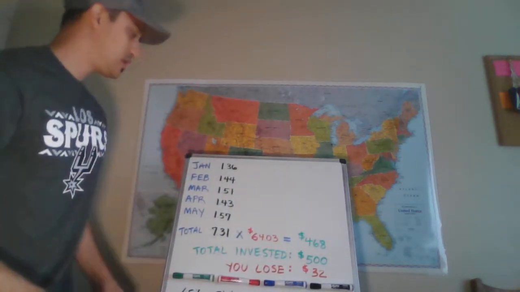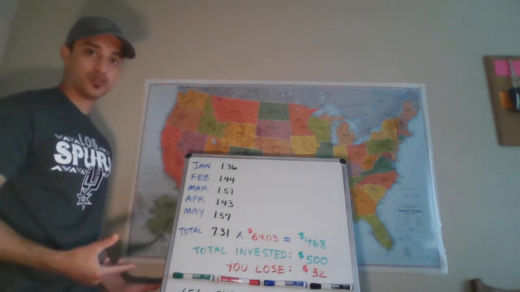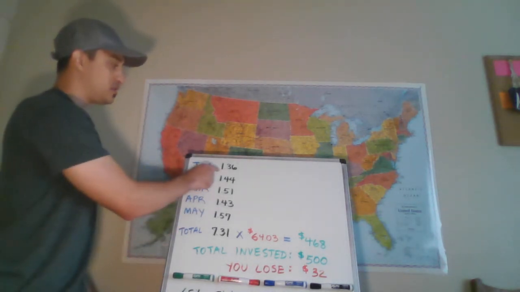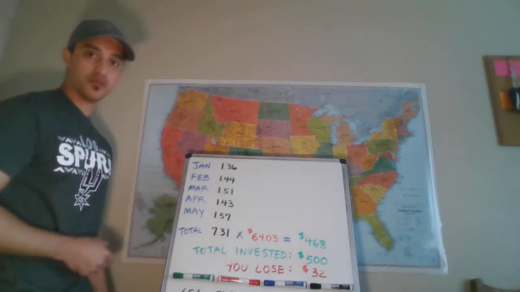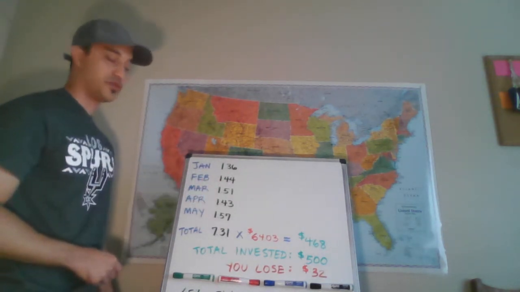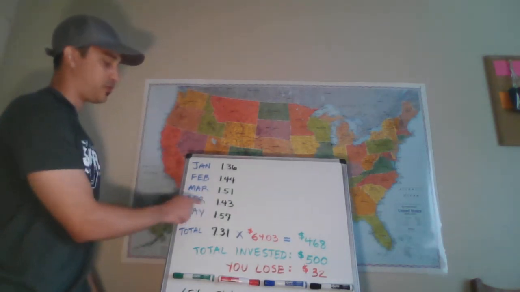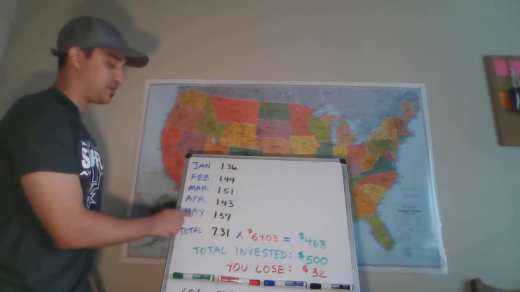Okay, so this is basically what has happened over those first 5 months of 2022. In January, you bought 1.36 shares of this mutual fund. You bought 1.44 shares of the mutual fund in February, 1.51 in March, 1.43 in April, 1.57 in May.